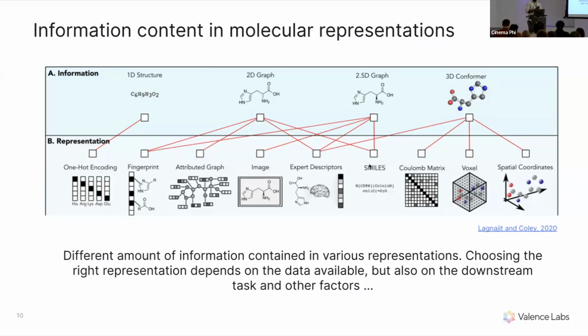Also, between the 2D graph and the 3D information of the molecule, people tend to call it a 2.5D graph. But basically, the idea here is that you are bringing some level of information that is not in the 2D graph, and usually it corresponds to stereochemistry.